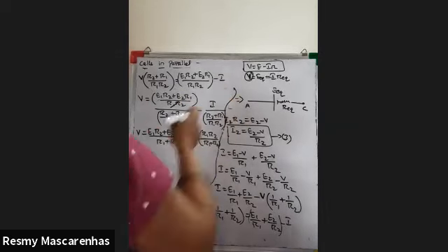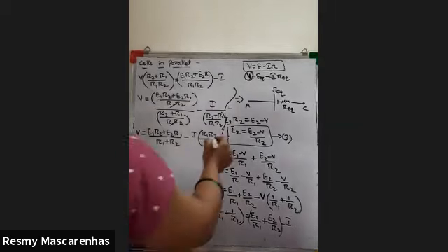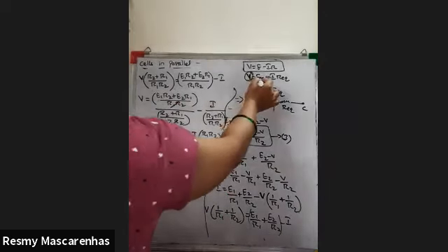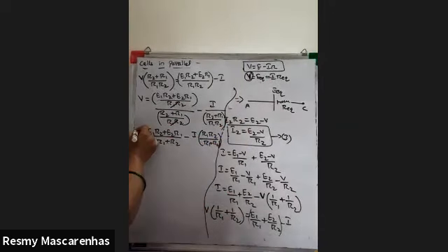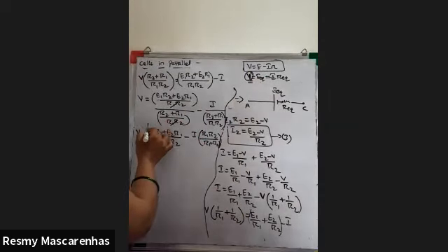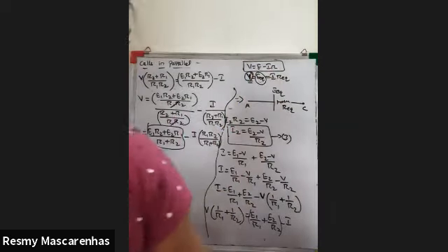So the I term, I can take it out. Correct? Now try to compare this equation with this one. You have V here, you have V here, you have some term here, you have E equivalent here.